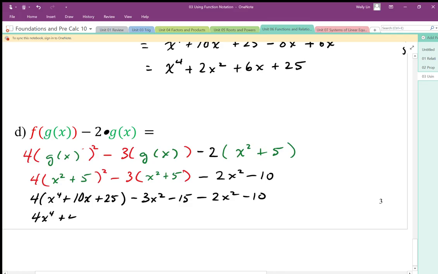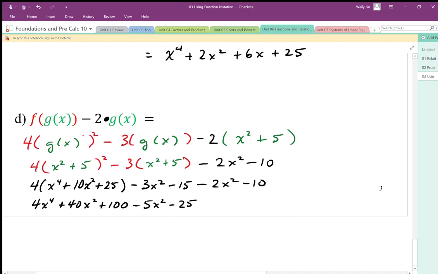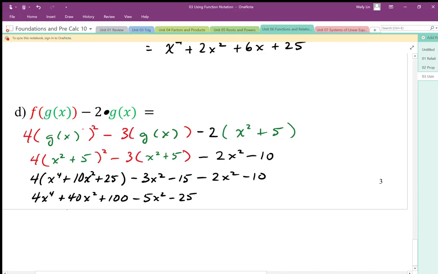4x to the fourth plus 40, so this should be squared, 40x squared plus 100 minus 3x squared. I'm going to combine these like terms here, so it's going to be minus 5x squared minus 25, and then combine my like terms, 4x to the fourth plus 35x squared. 100 minus 25 is plus 75.